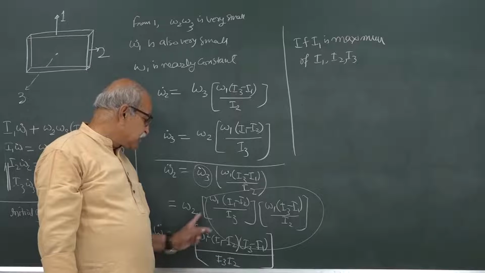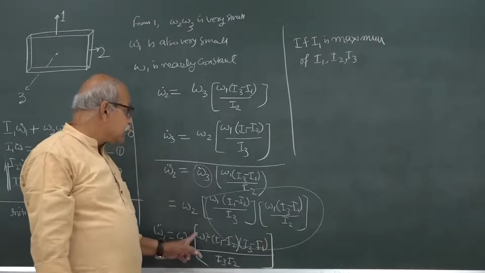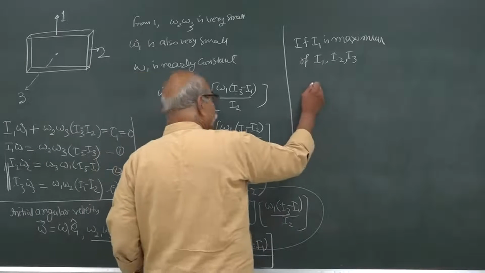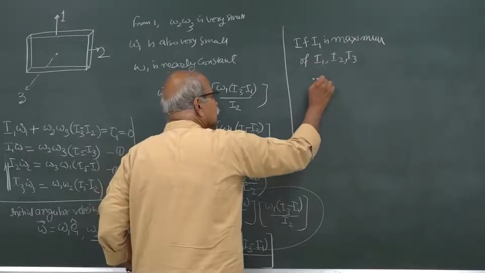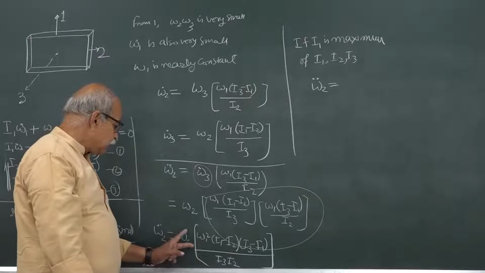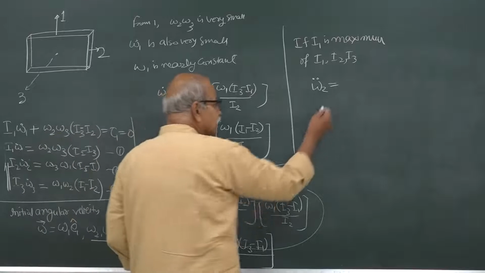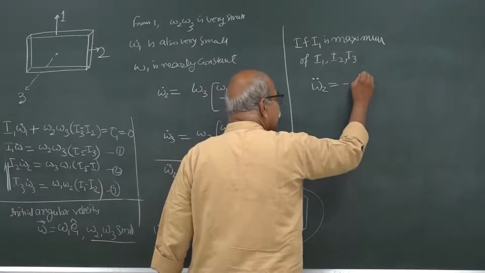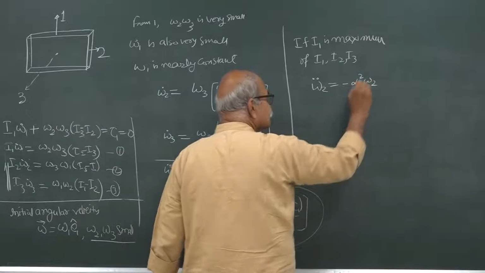So, this whole quantity will be negative, and I can write omega 2 double dot equal to omega 2 into this negative quantity, which I can write as minus alpha squared omega 2.